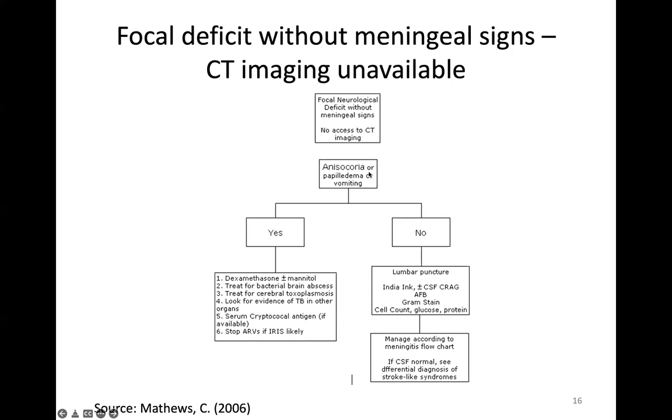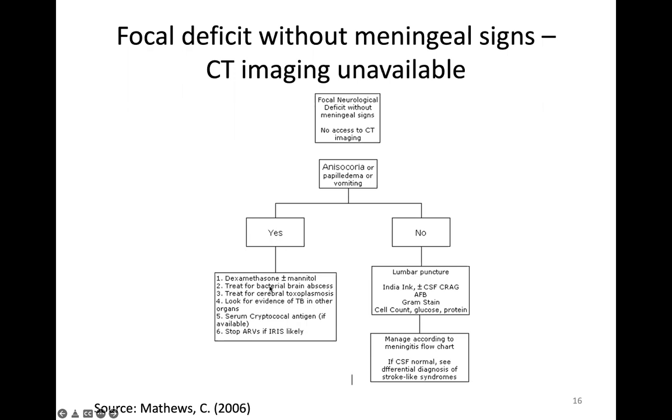You have to do a proper clinical assessment, but also try to assess whether there is raised intracranial pressure or not. So are the pupils equal or unequal? Is there papilledema? Does your patient have projectile vomiting? Because if your patient has any of these three things, it means whatever is happening in the brain is quite significant, and it is recommended that you start something like dexamethasone.